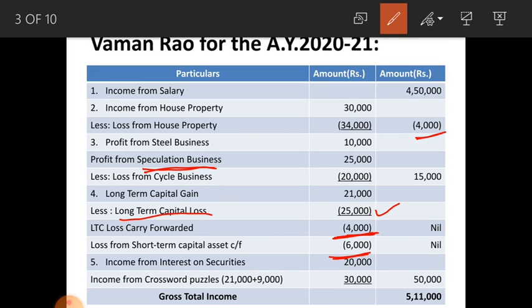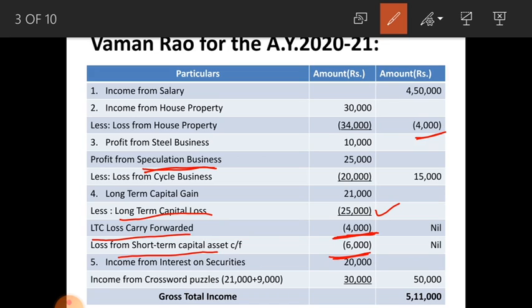So, don't write this amount 6,000 in the outer column, write it in the inner amount column and also inside the bracket. Inside the bracket, when you write amount, that indicates that amount is a negative figure. Remember that thing. And here remember one thing, long term capital loss and short term capital loss, write it in the inner column, don't write it in outer column.